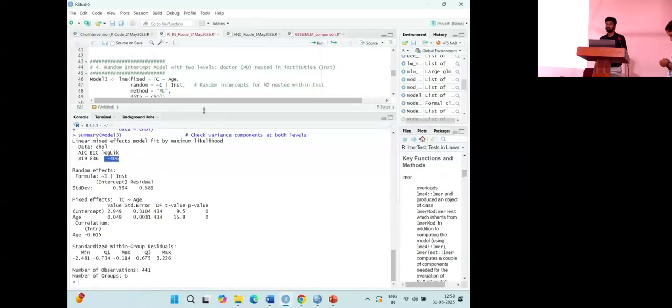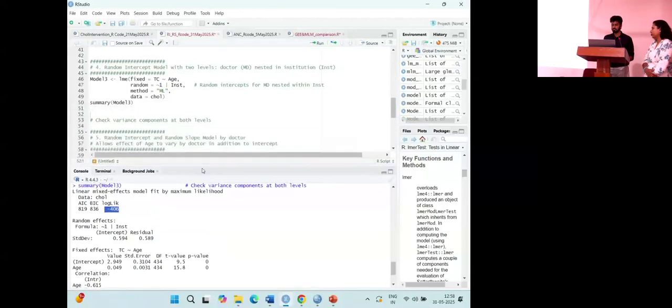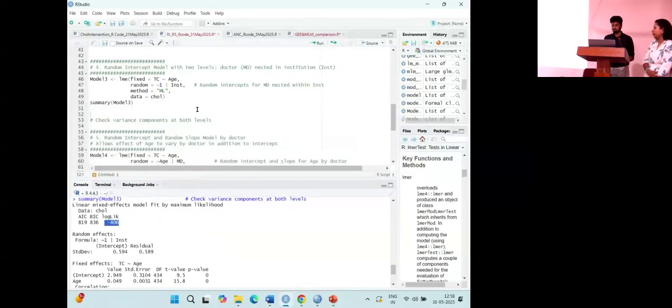Based on the MLwiN software interpretation, it is not doctors, it is because of institutions. There should be a small difference in the estimation values, as they use different algorithms. I still remember the book's interpretation is that it is because of institution, not the doctors.